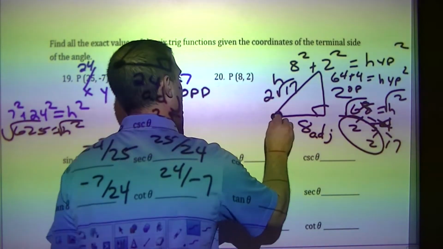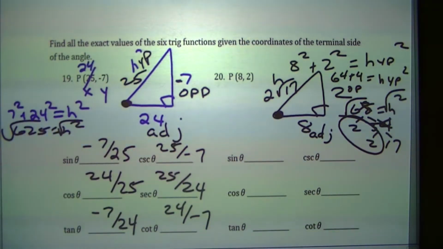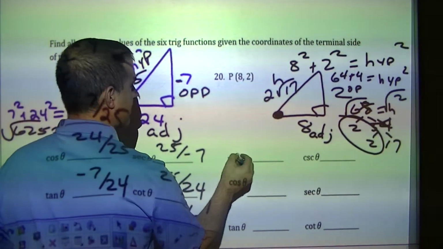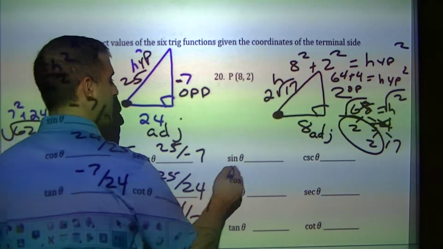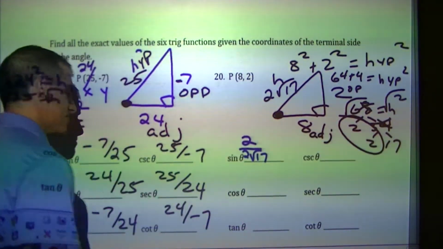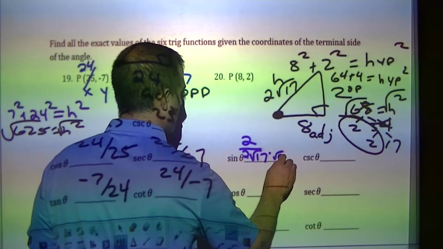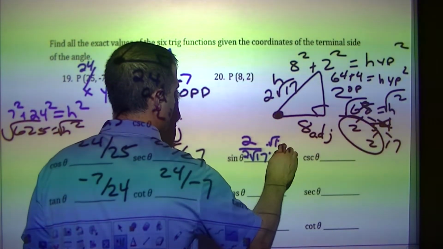Once again, we're going to go off of this little corner part here. Now, sine is opposite over hypotenuse, so I'm going to have 2 over 2 square root of 17. The way you handle this is, whatever's inside that square root, you multiply by the top and the bottom.